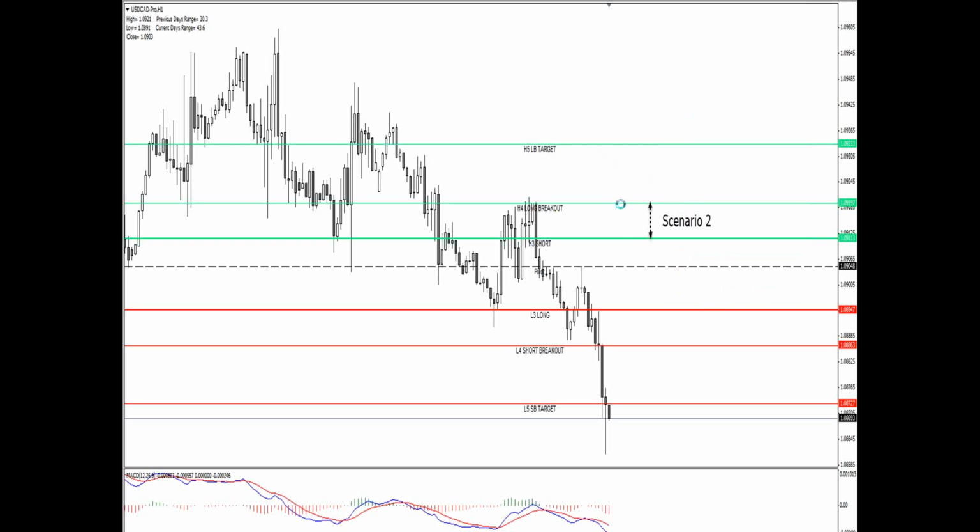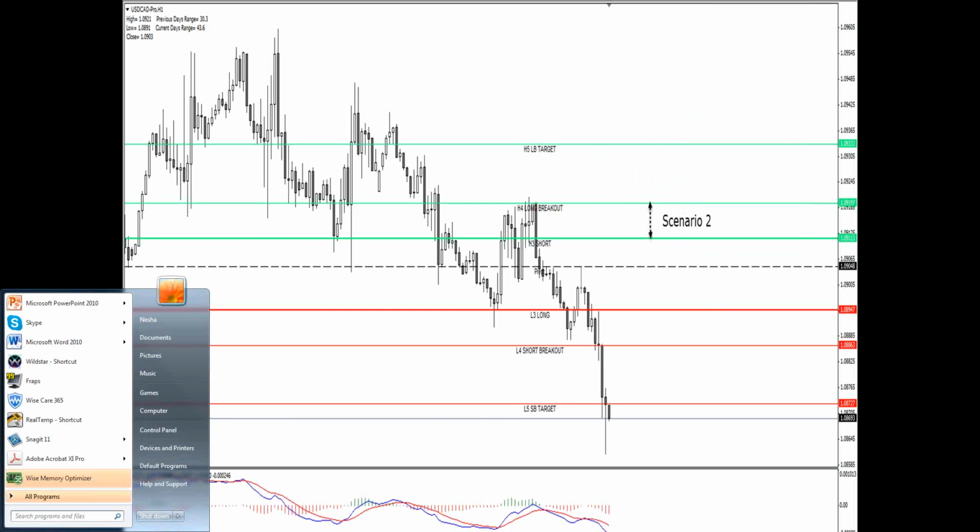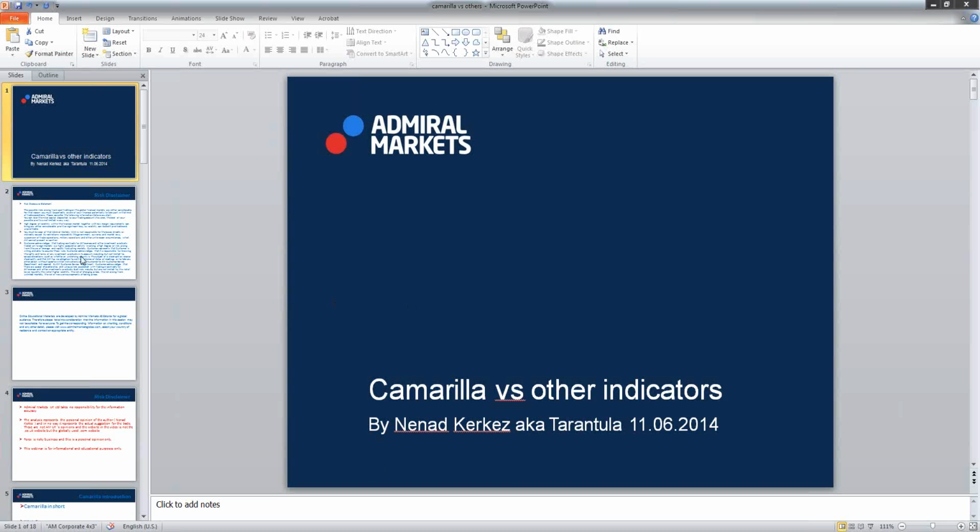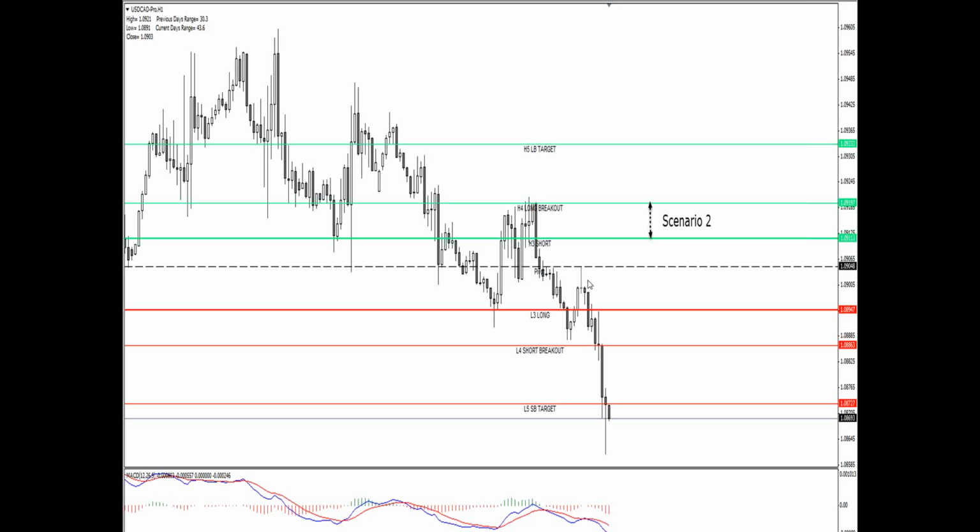Oh, I have some problems with the PowerPoint presentation. Let's wait. I don't know why this is happening. Yeah, it has stuck. The screen has frozen. Let me try to fix this.